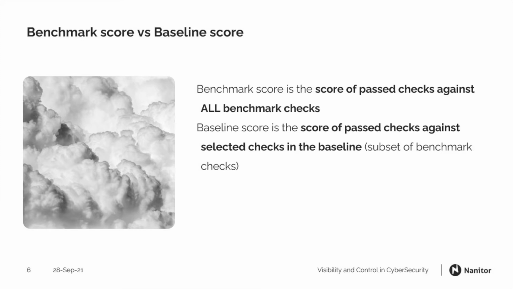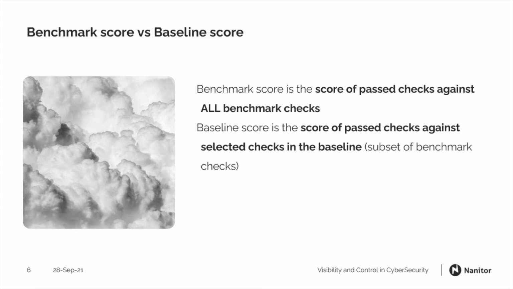So we will see that Nanitor will show you the score towards the benchmark that an asset gets assigned to. And the benchmark score is the score of passed checks within a benchmark against all benchmark checks. So I have highlighted here all benchmark checks.